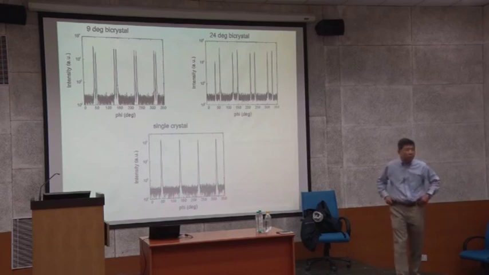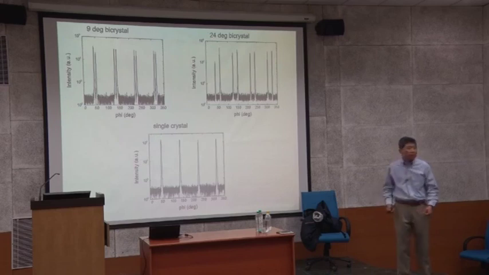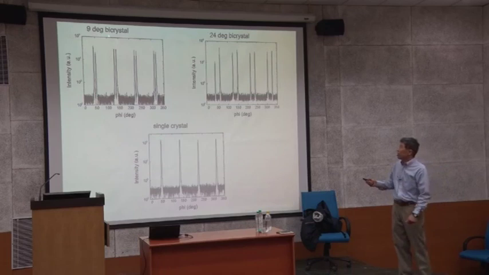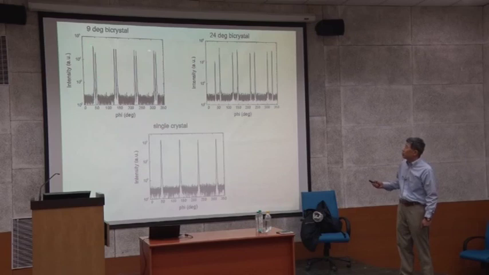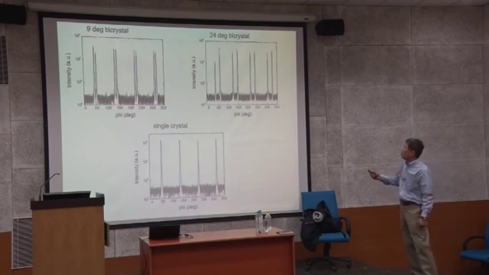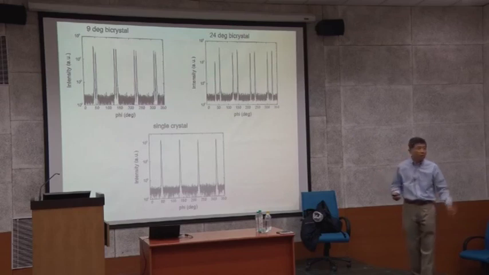This strontium titanate single crystal, you do a phi scan, you get 1, 2, 3, 4. But when you scan the 9 degree bicrystal, one crystal contributes to this, and another crystal contributes to this. The separation of those two is 9 degrees. In this 24 degree bicrystal, this one, that one, that one, that one come from one crystal, and this one, this one, this one, this one come from the next crystal.